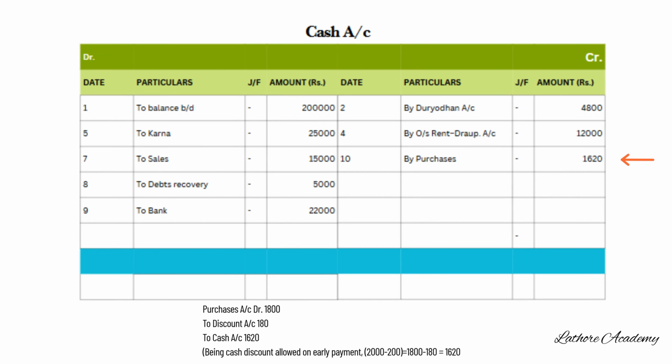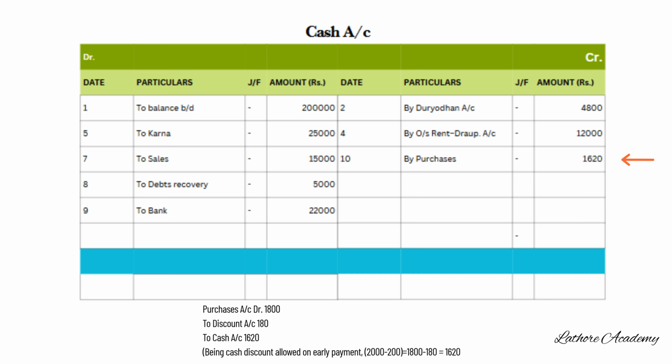So we have to credit 1620. So the journal entry is purchase account. On the debit side, the posting has to be done to cash account 1620 and to discount account 180 rupees. And on the cash account, on the right hand side, that is the credit side, we have to post it by purchase account 1620.